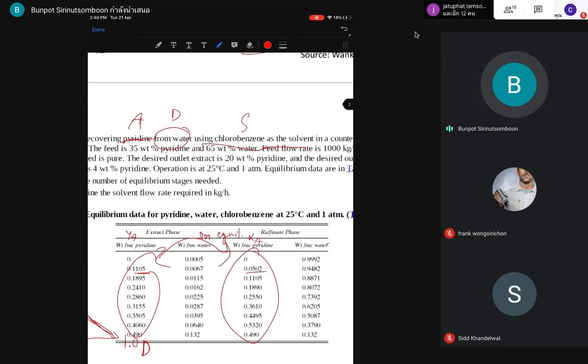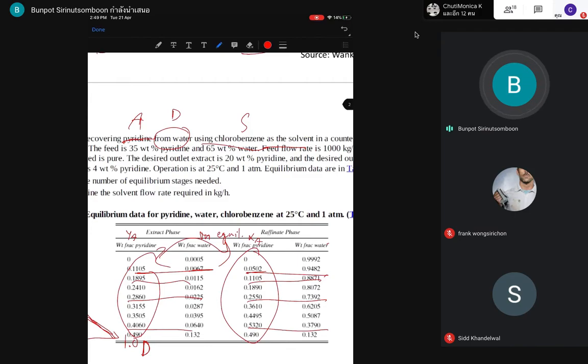I use this information because this is in equilibrium with this, and this is in equilibrium with this. They are in equilibrium with each other.